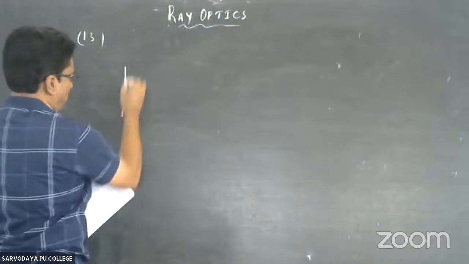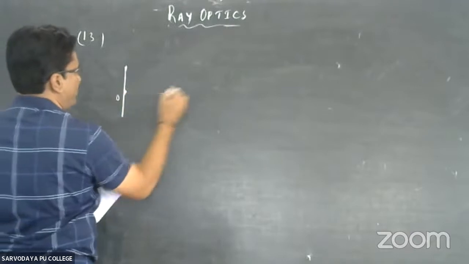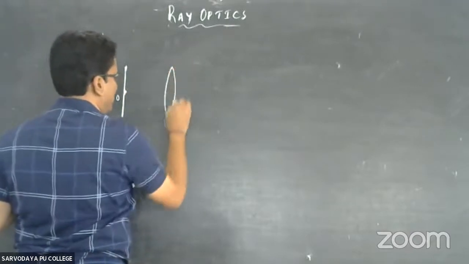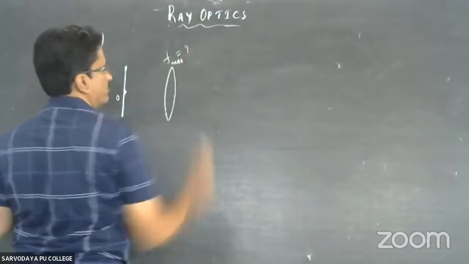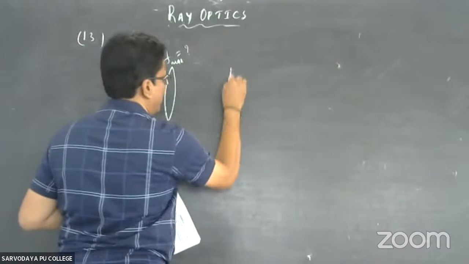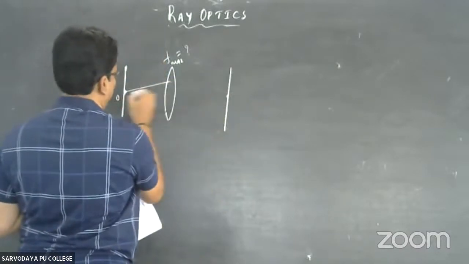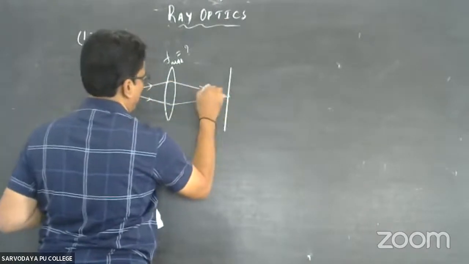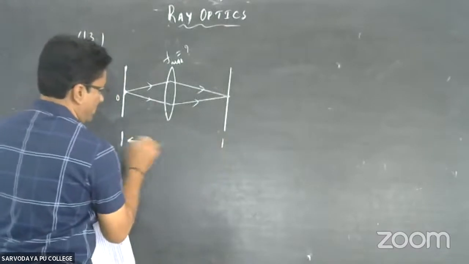Here is one wall, and on this one, the bulb is there, which is the object. We have to calculate f maximum, so that we get the image on this one. This distance they have given, this is 3 meters.